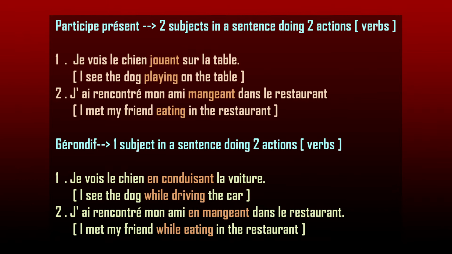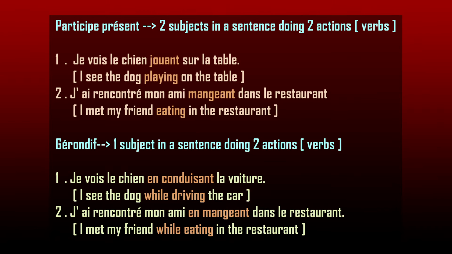In this case, you use the present participle. I see the dog. But who is playing on the table? The dog is playing on the table. So we use the present participle to make a sentence like I see the dog playing on the table.